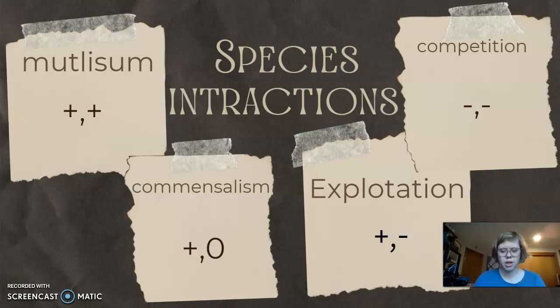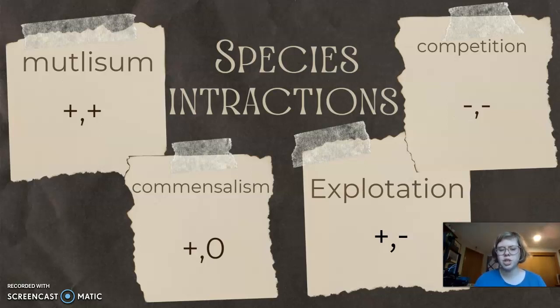The next type of interaction we have is the exploitation, where there is a positive and a harm. So for instance, one species benefits and one species doesn't benefit. Okay? So for instance, if a giraffe eats the leaves off of a tree, well, the giraffe benefits because it's eating the leaves, but the tree doesn't benefit because it's losing its leaves.